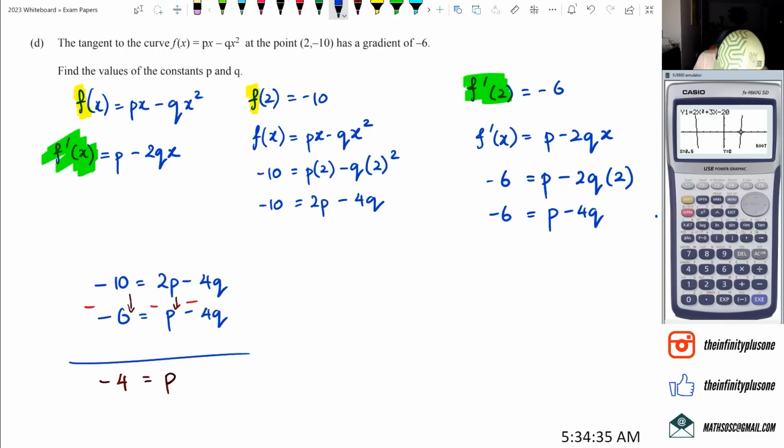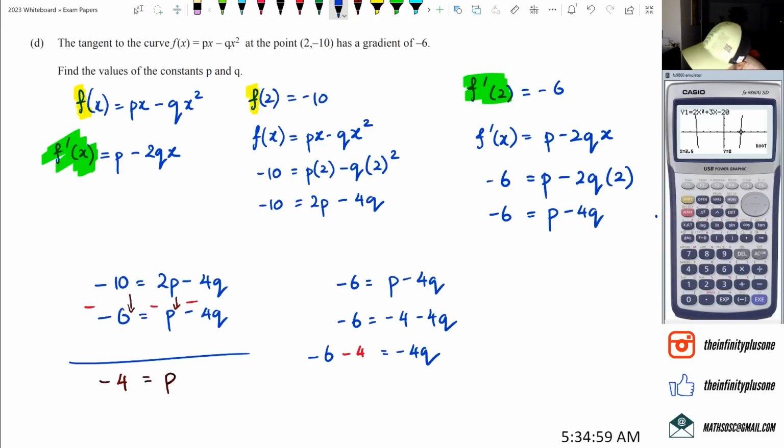Once I get p equals -4, I go back and substitute it in. I can use any equation. I'm going to use p minus 4q. So I've got -6 equals -4 minus 4q. Bring the -4 to this side, and it gives me, no, that should be positive.